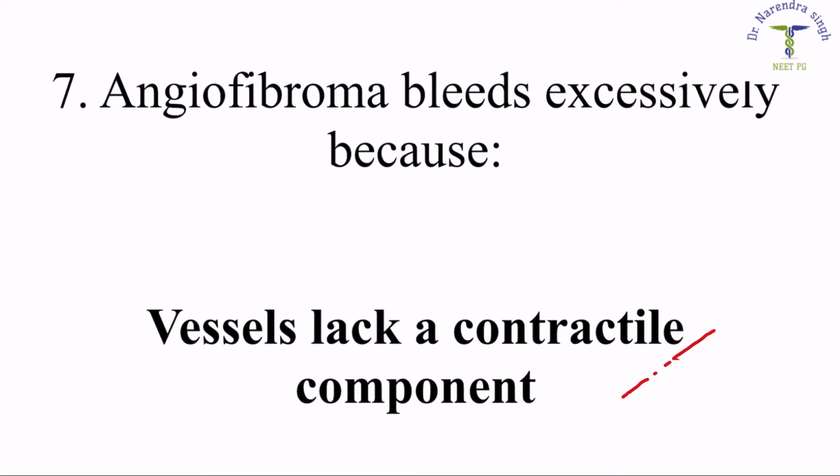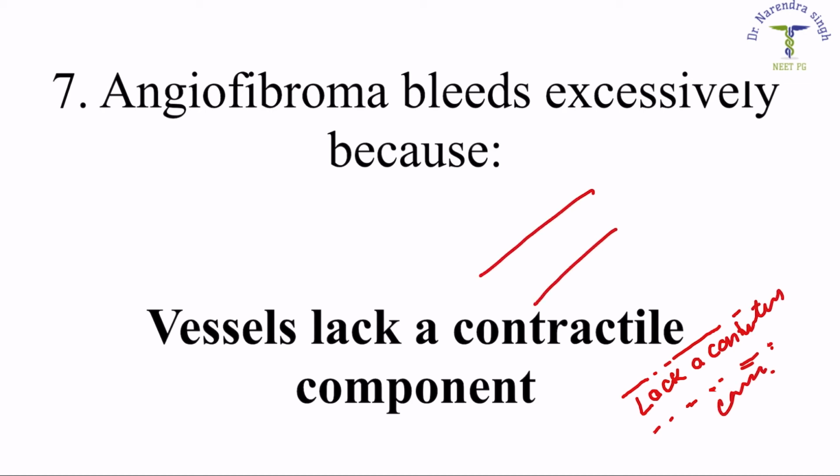Because the vessels in nasopharyngeal angiofibroma lack a contractile component. When the bleeding starts, the vessels do not contract to seal the leakage. So the bleeding, when it starts, is difficult to stop.